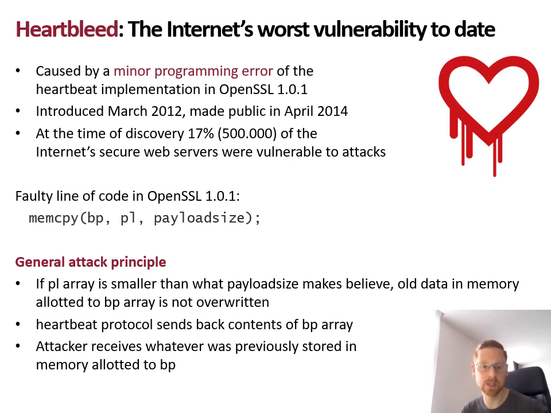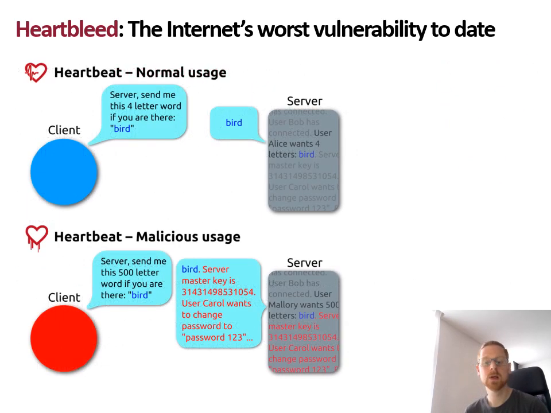This is what the heartbeat protocol of TLS states you should do. But if the payload array is shorter than what payload size states, then BP array will not be fully overwritten and there's still data in memory allocated to BP array that is not overwritten and will be sent back to the receiver, in this case an attacker. And let's look at a concrete example to make it more clear.